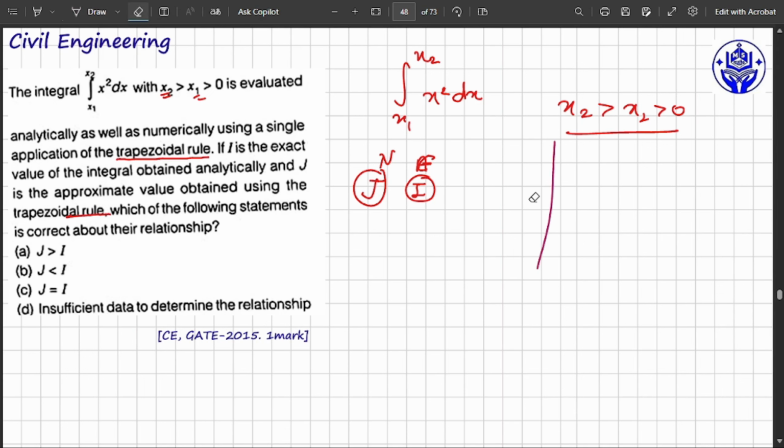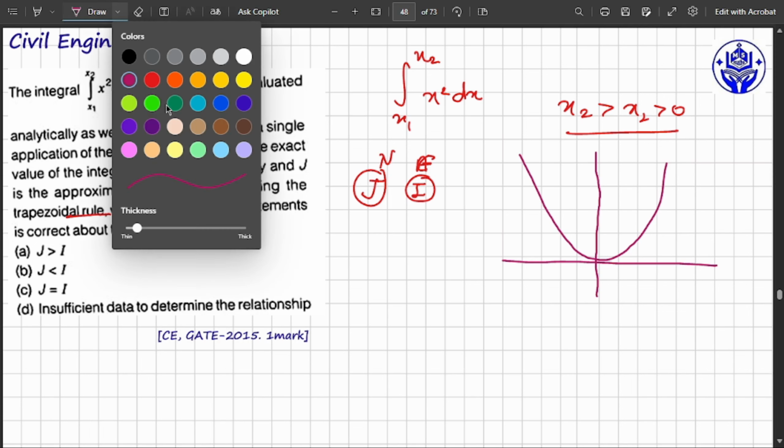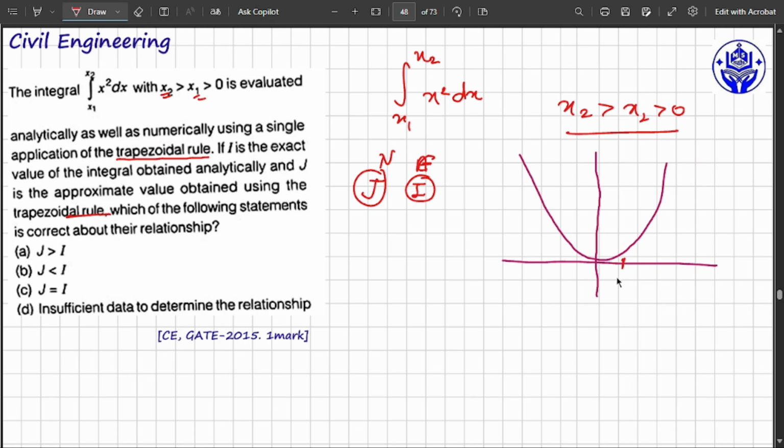So, it is the y-axis, it is the x-axis, and it is the x square curve. Here it is x1 and x2 is greater than this. So it is my x1 and it is my x2.